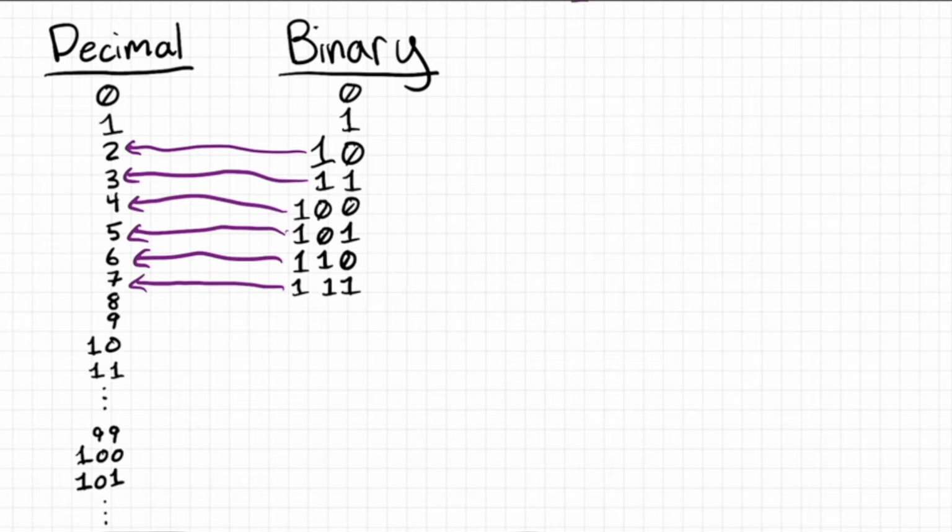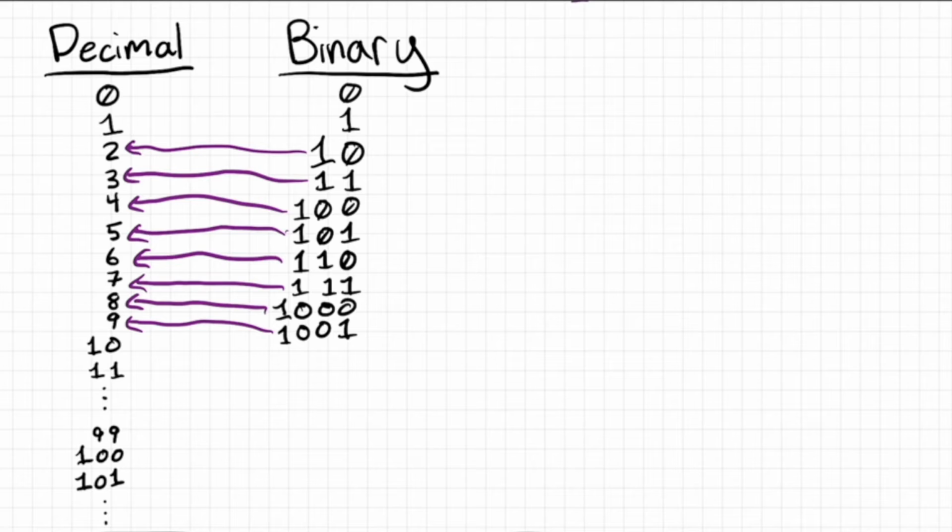Well, we've run out of digits again, so we need to add 1 and trail it with those zeros. That's going to represent 8. Then we're going to increment the last place, which will represent 9. Well, I've run out here, so I need to increment this one and then reset this one.